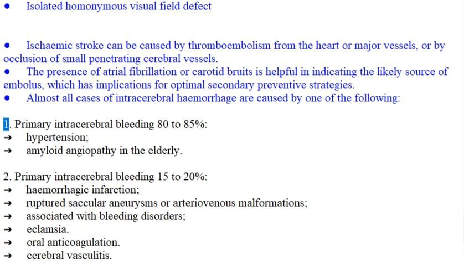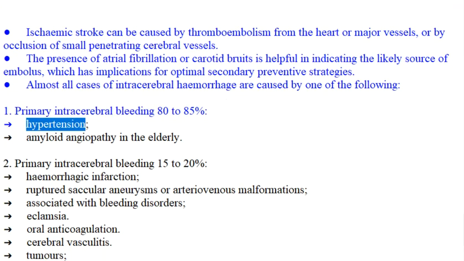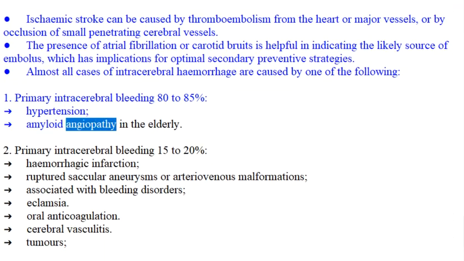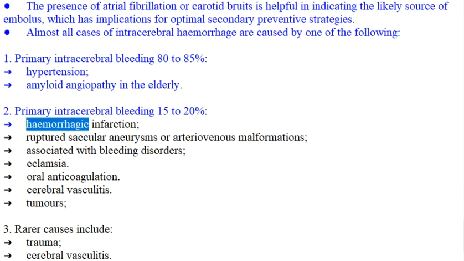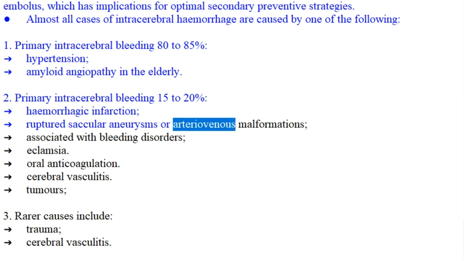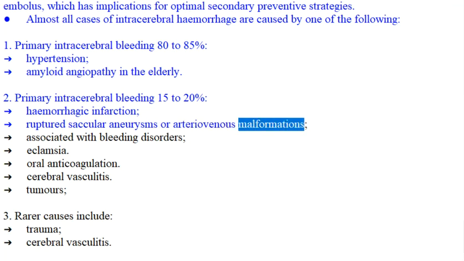1. Primary intracerebral bleeding 80 to 85%. Hypertension. Amyloid angiopathy in the elderly. 2. Secondary intracerebral bleeding 15 to 20%. Hemorrhagic infarction. Ruptured saccular aneurysms or arteriovenous malformations.